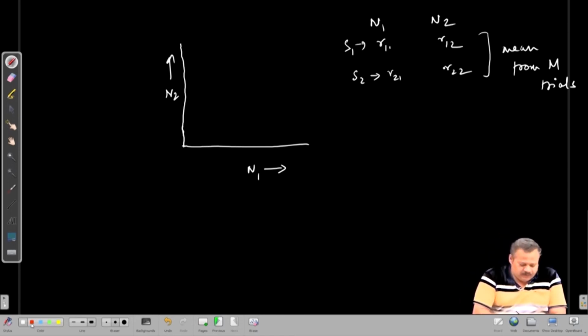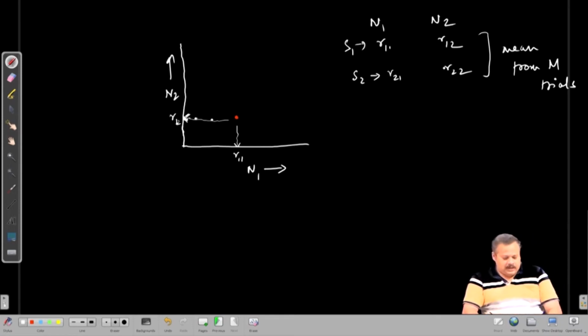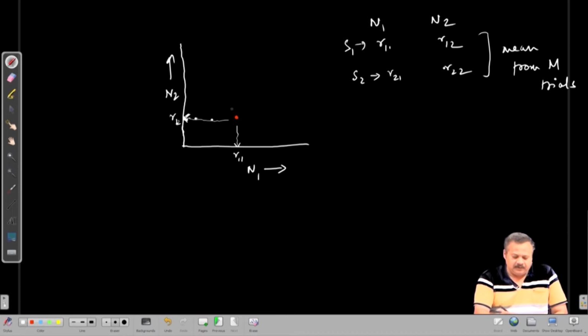Now, as before, we will mark our R11 and R12 here. And let us say we have a scatter with positive noise correlations in this direction.